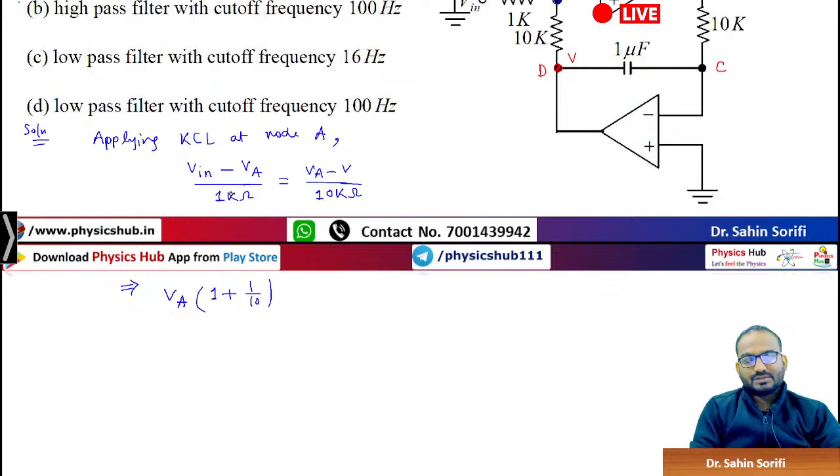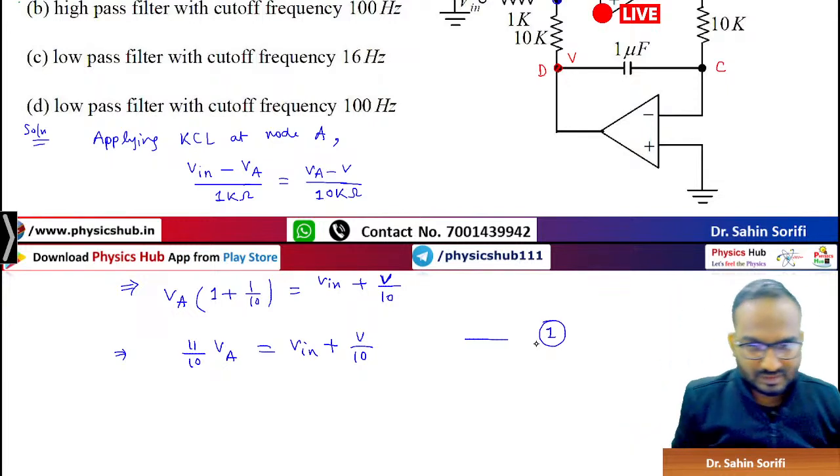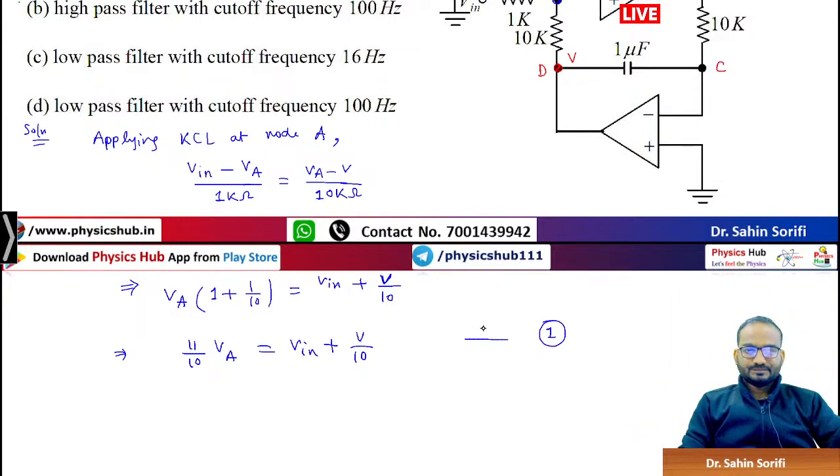Remember, we have put resistance in kilo ohm, we'll tackle it at the end. This equals Vin plus V by 10. So 11 by 10 Va equals Vin plus V by 10. Let's name this equation 1.